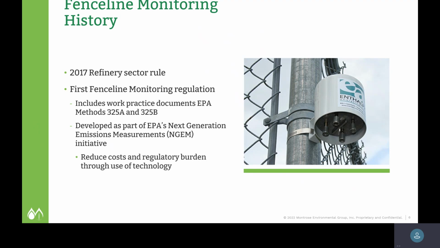These are groundbreaking, right? So this is EPA's Next Generation Emission Measurement initiative in action. They're taking this seriously to try to reduce costs, get more information, and ultimately put more information in the hands of communities. So, pretty groundbreaking. And you can see the momentum building here.